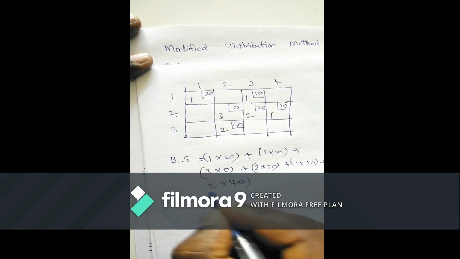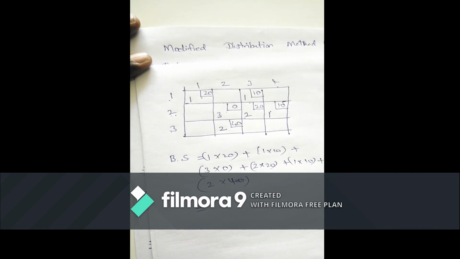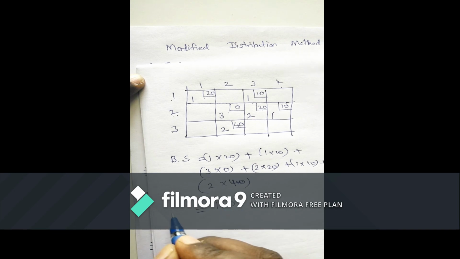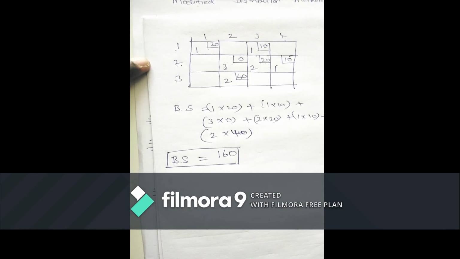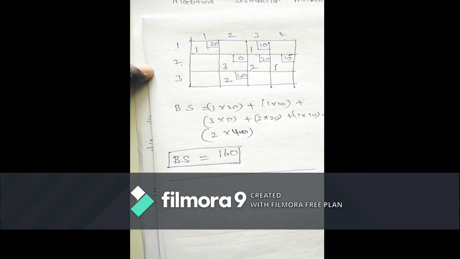So this is the final value, that is the basic solution. Now I found the basic solution, that is 160. This is my minimum total transportation cost. So stage number 1 is over.